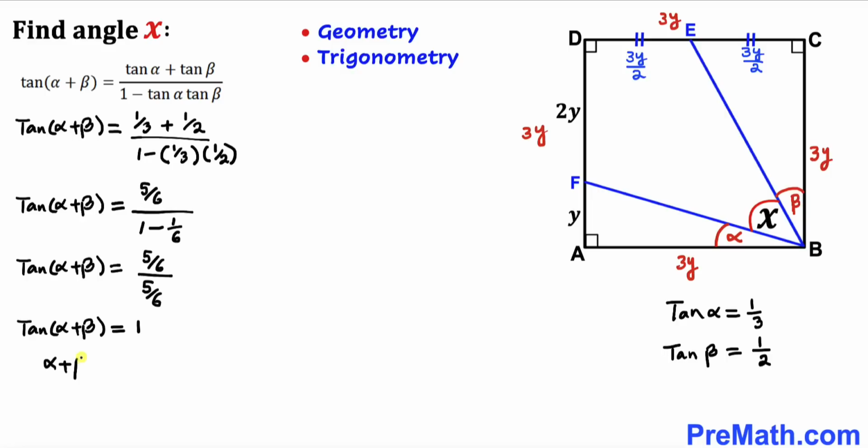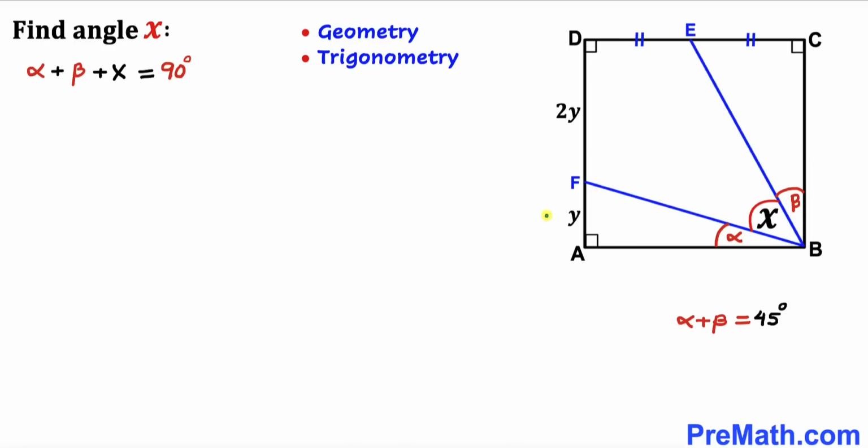Alpha plus beta is equal to tangent inverse of 1. And we know the value of tangent inverse of 1 is 45 degrees. So this angle alpha plus beta turns out to be equal to 45 degrees.